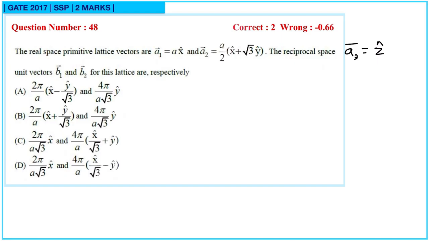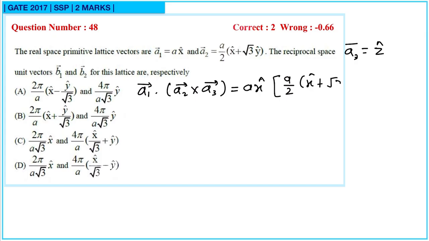Now first of all let us calculate the volume of this primitive lattice basis. So that will be A1 bar dot A2 bar cross A3 bar, and that will be A x cap, and in bracket we have A by 2 x cap plus root 3 y cap cross z cap.